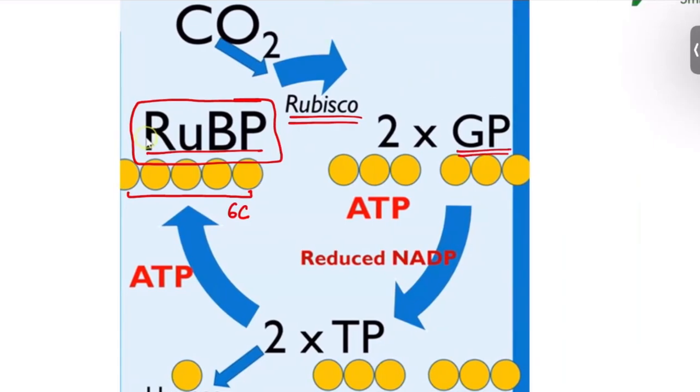Two molecules of GP all means is that RuBP has been broken apart. Sorry, RuBP is 5 carbon. It reacts with CO2, which has 1 carbon. 5 carbons add 1 carbon, it produces 6 carbons, and it forms 2 different molecules of GP. You have 1 over here and 2 over here.